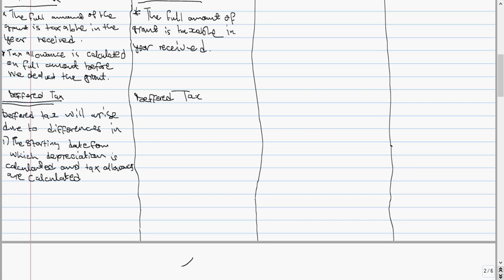So usually these dates are different. The date at which you are calculating your depreciation and the date from which you are starting to calculate your tax allowances.